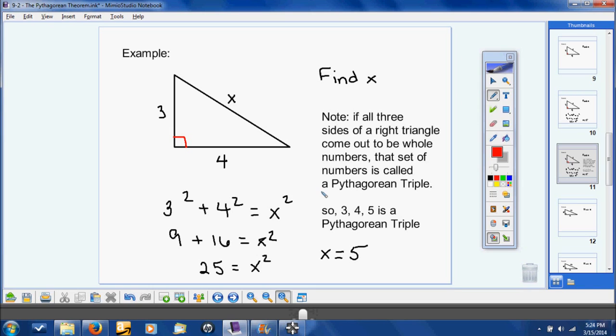So let's write this down. If all three sides of a right triangle are whole numbers, then that set of numbers is called a Pythagorean triple.